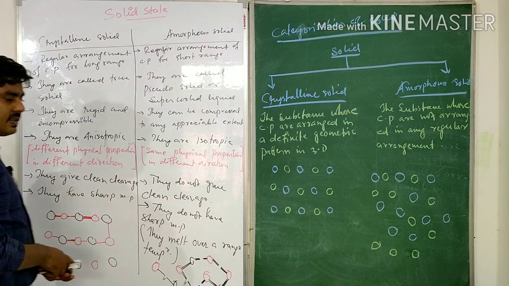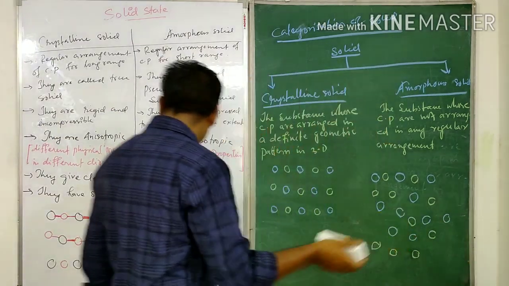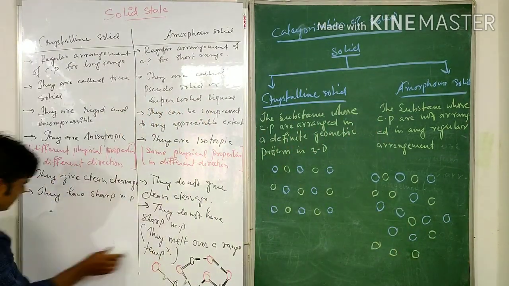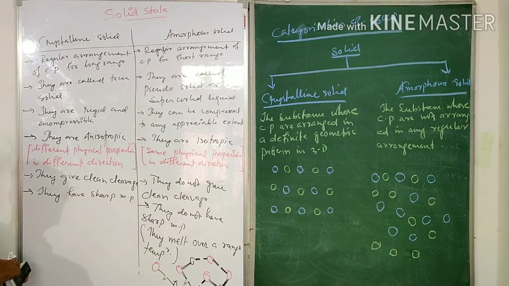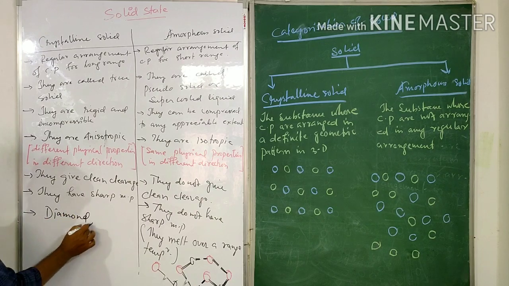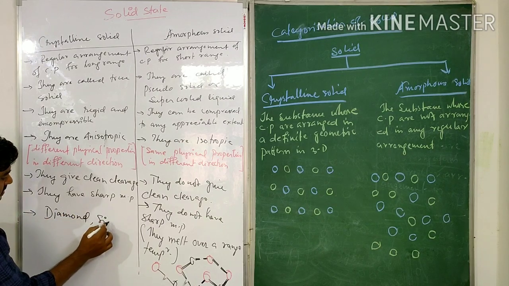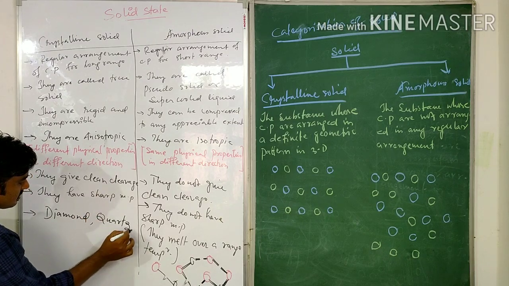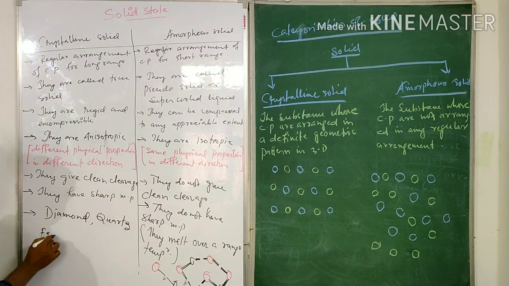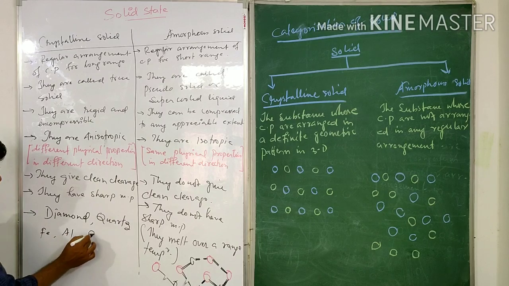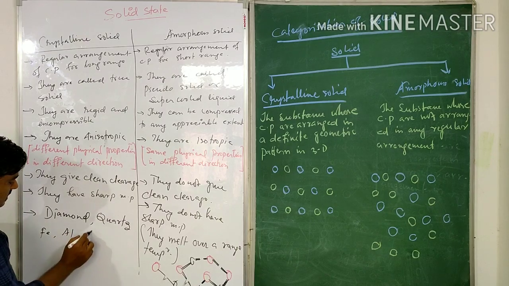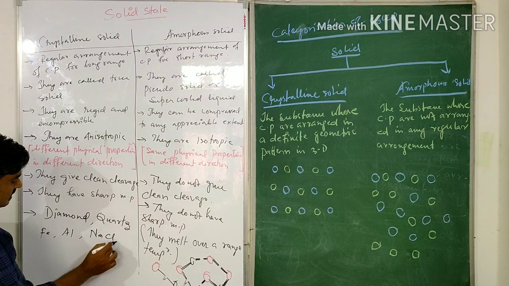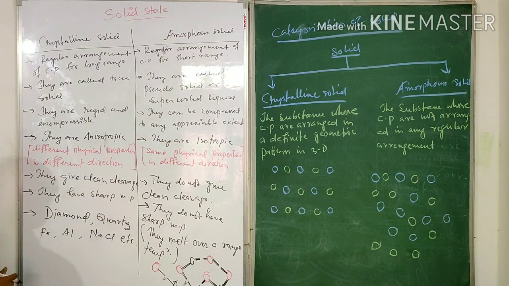Again, if I give you examples, the examples will be diamond, silicon, quartz, etc. Like iron, aluminium, there also NaCl, etc. So they are the examples of crystalline solids.